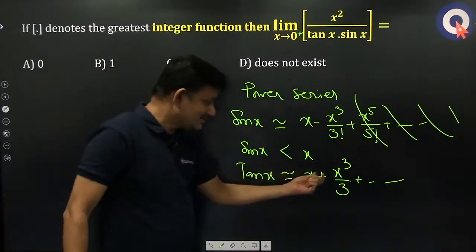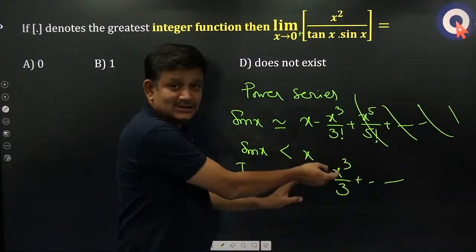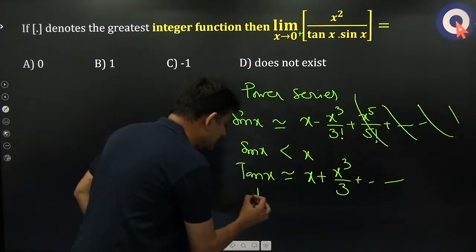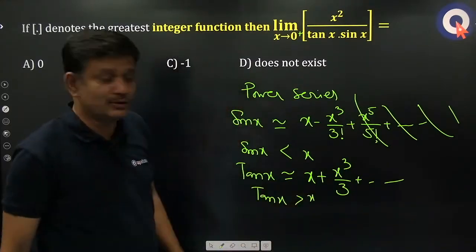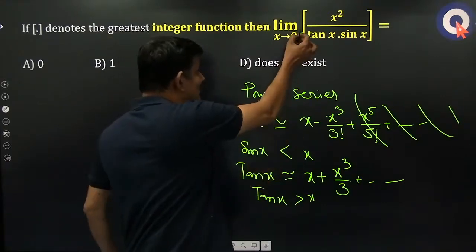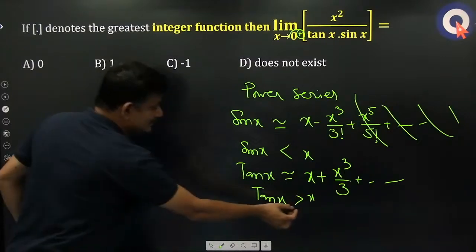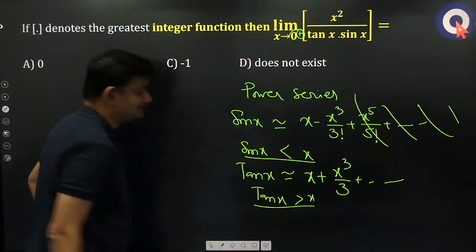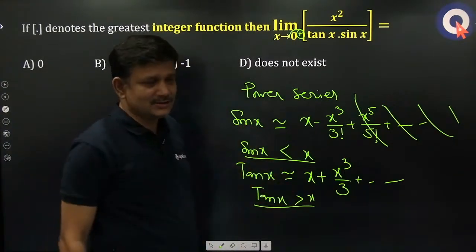So to x, you are adding x cube by 3. So is this number more than x or less than x? It will be more than x. Obviously, this discussion holds good only when x is positive, and that is what I am bothered about now. Okay, so these are the inequalities which you already know. Sin x is less than x and tan x is more than x. That is not our area of interest.